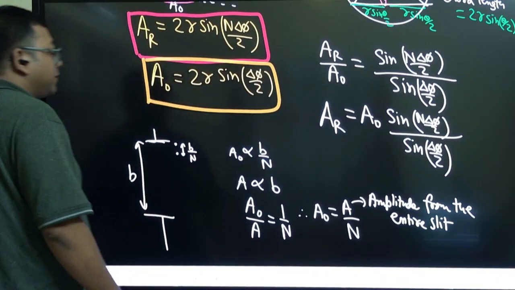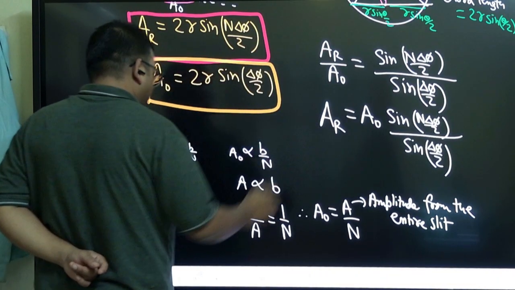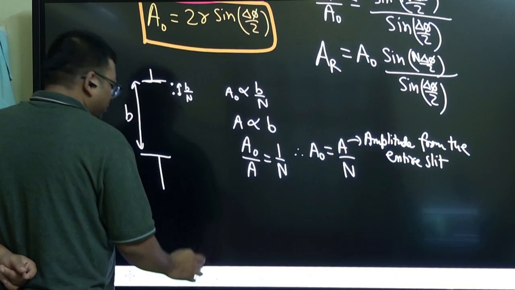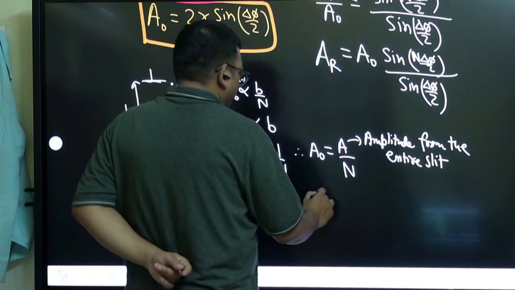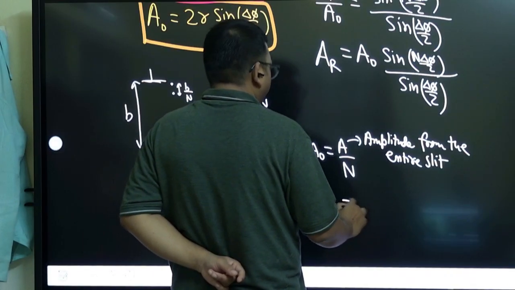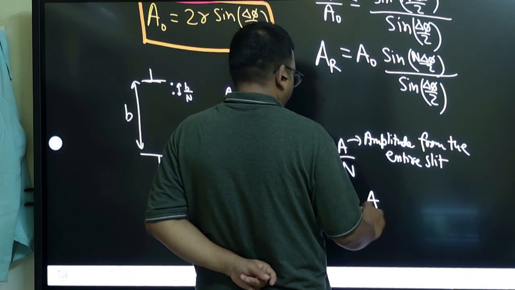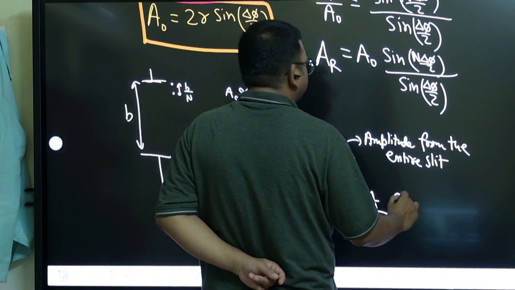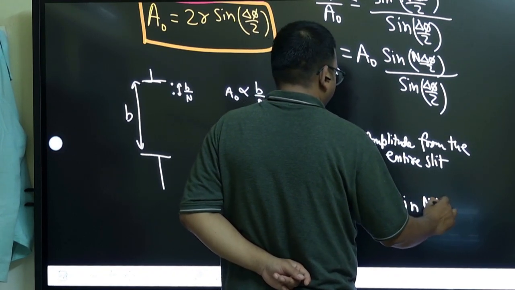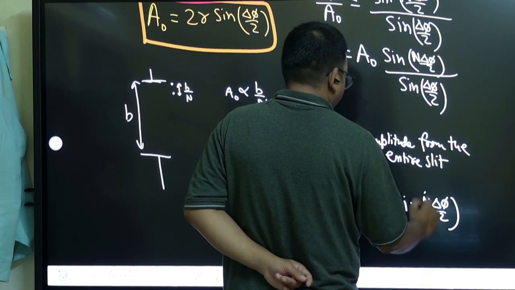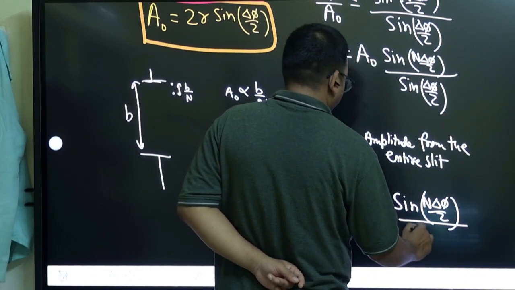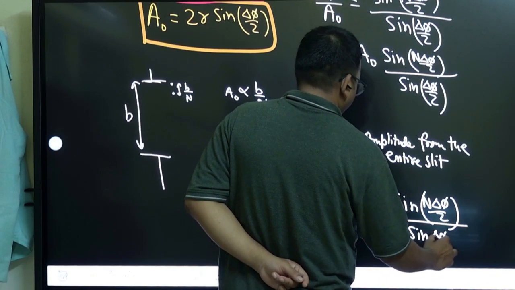Okay. So let us substitute A naught here. So that resultant amplitude becomes equal to A by n sine of n delta phi by 2 divided by sine of delta phi by 2.